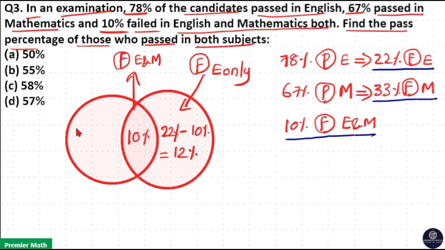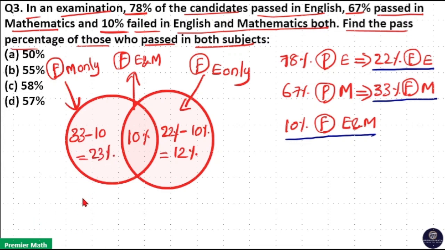Same way, this 33% students failed in maths means this includes this 10% students as well. So, students who failed maths only is 33 minus 10%, which is equal to 23%.